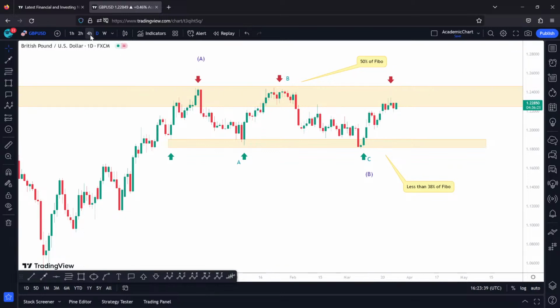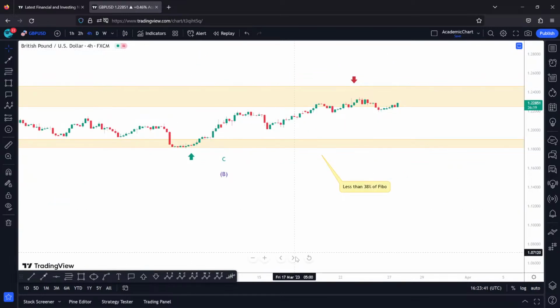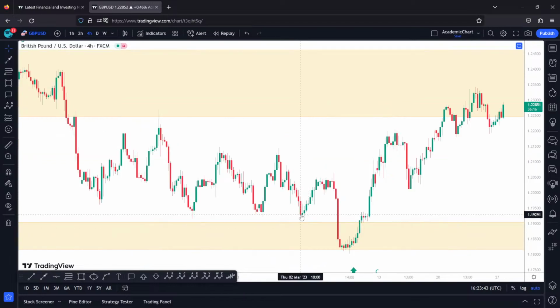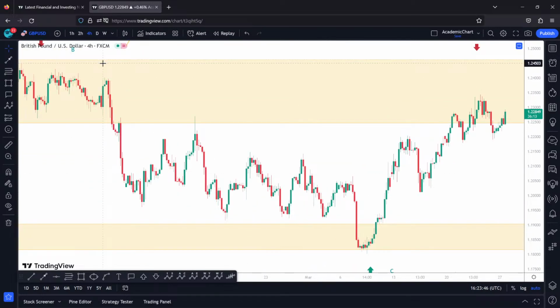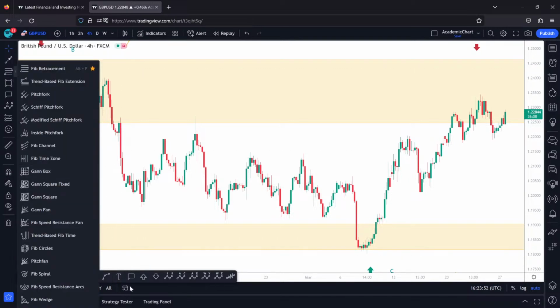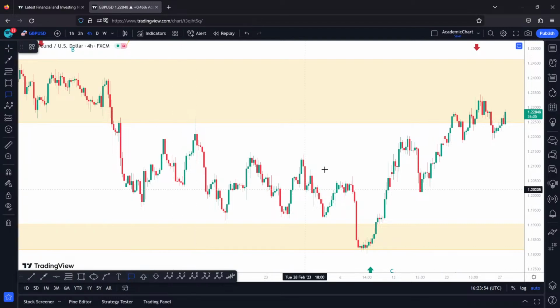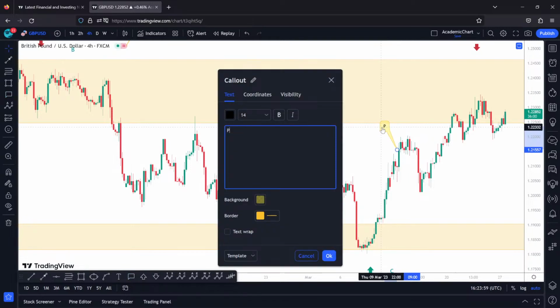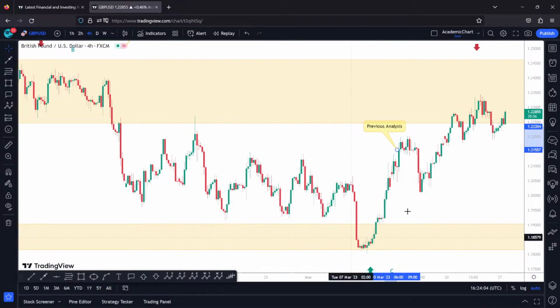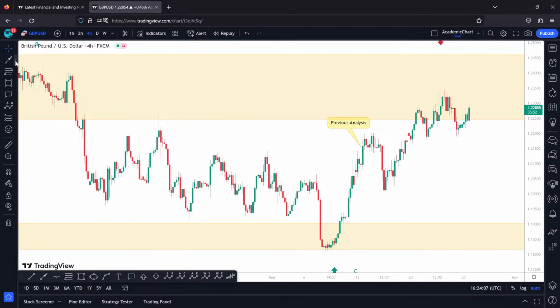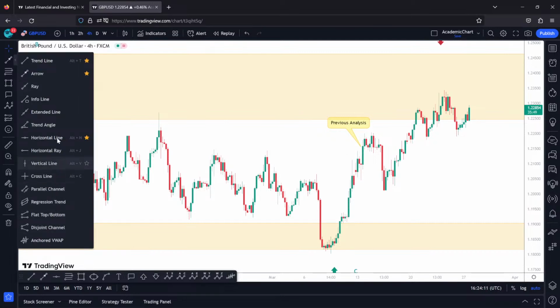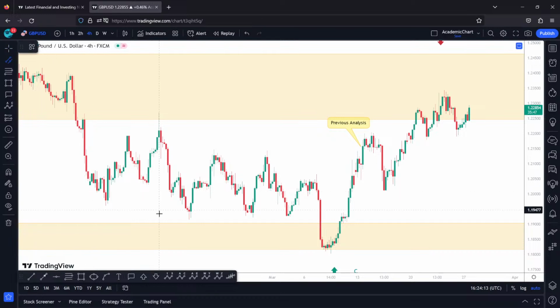So now after adding that, I would like to jump into the hourly view. And now I guess it's time to have that update on our previous analysis. Again, the link is in the description if you are interested. When we were discussing this chart the previous time, this was the point of the previous analysis, and here I utilized some sort of a parallel channel, because the wave was not so clear.